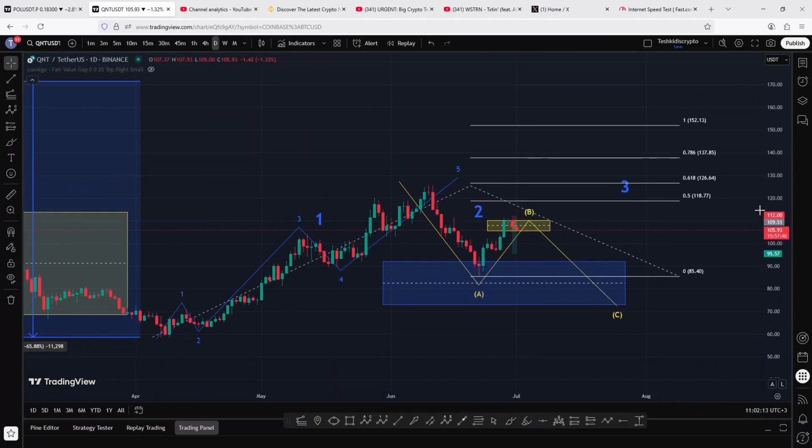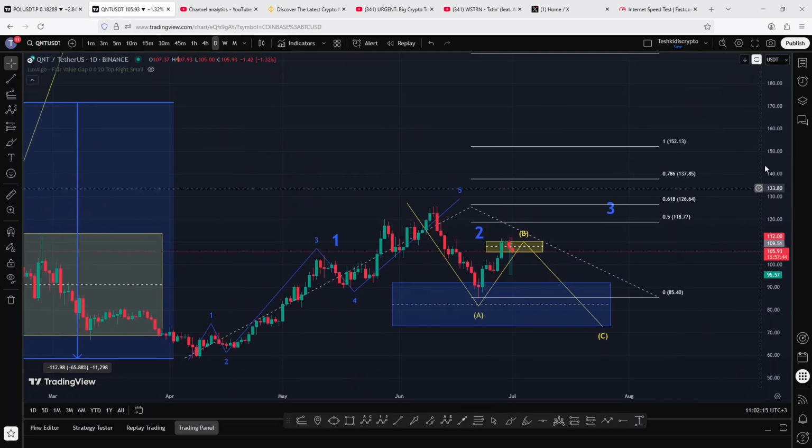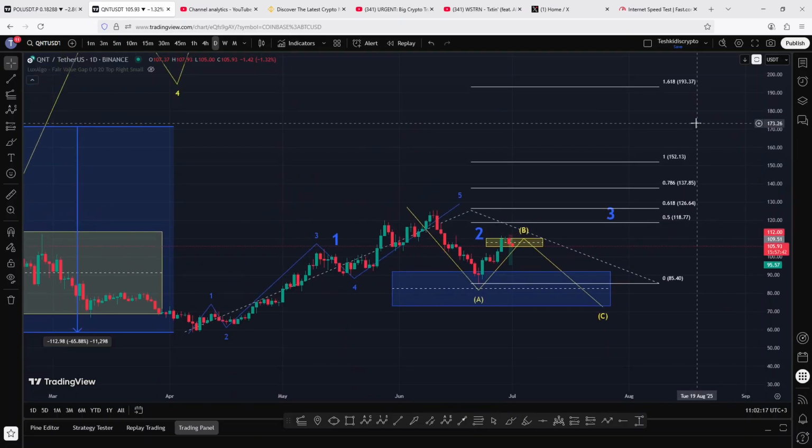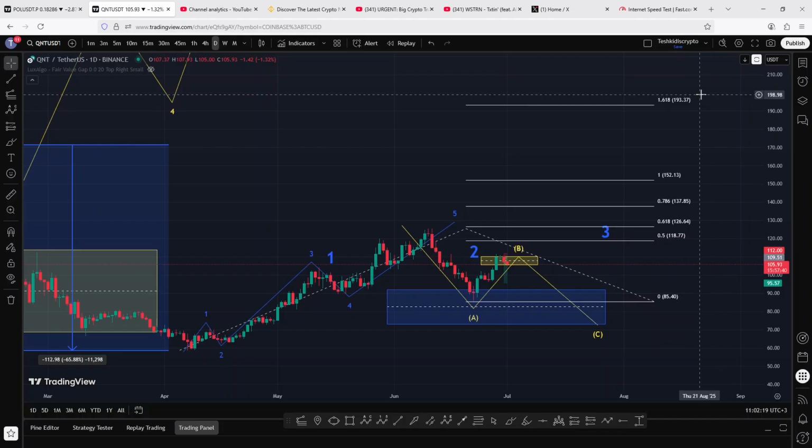The area that I will be paying attention to lies on the Fib level 1.618, and that lies above the 193.37 mark as my next target area, and that is an area that we can easily hit if we continue pushing higher and also manage to break above the high we made in the formation of that first wave above the 125.65 in the next coming days.